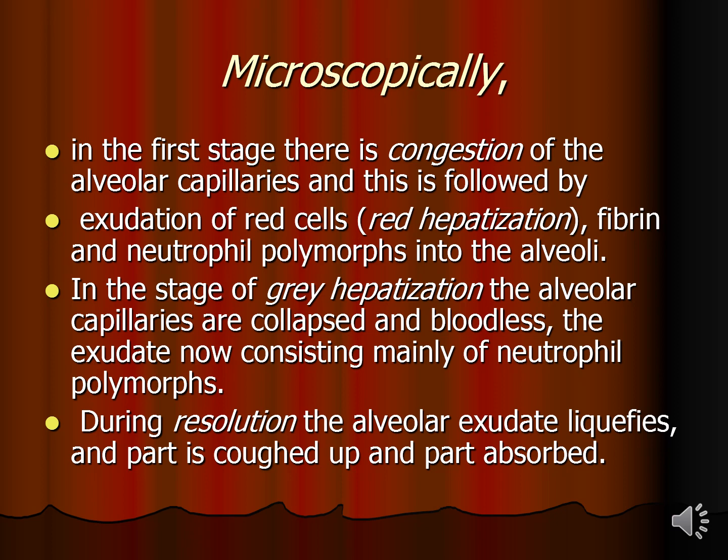In the stage of gray hepatization, the alveolar capillaries are collapsed and bloodless. The exudate now consists mainly of neutrophils and polymorphs. And then goes resolution. The alveolar exudate liquefies, and part is coughed up and part is absorbed.